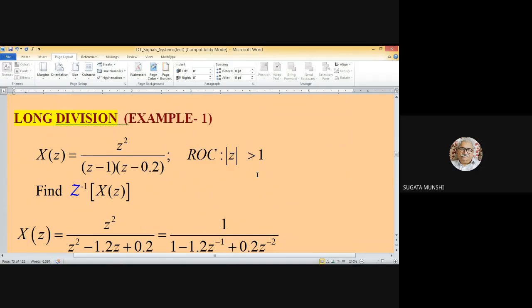For identification, you have to remember and understand the properties of ROC. No pole can lie in the ROC. And whenever there is a border between an ROC and a ROD, region of divergence, at that border at least one pole should lie.